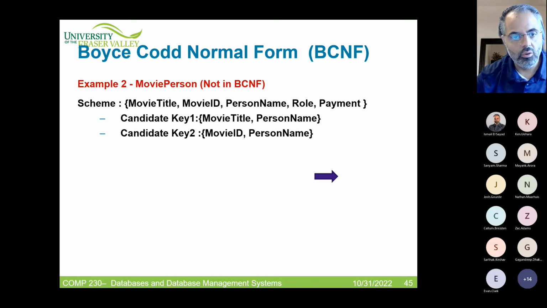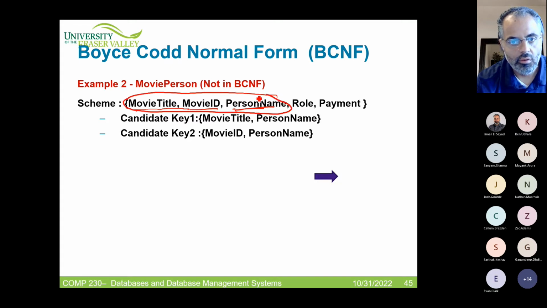Here is another example where we have another schema. We have the candidate key movie title and person name, and another candidate key movie ID and person name. So all of these are primary attributes, and these are non-primary attributes.